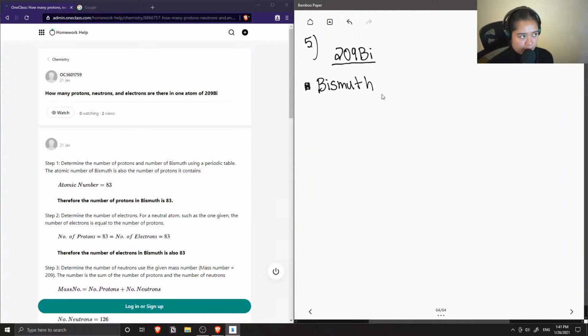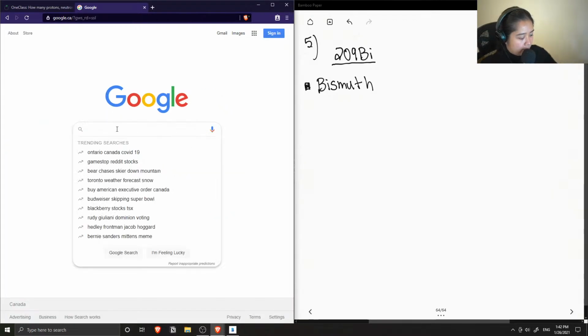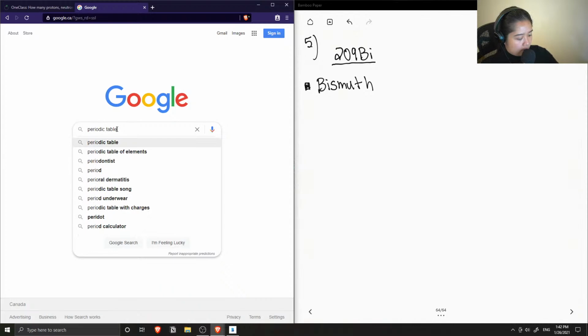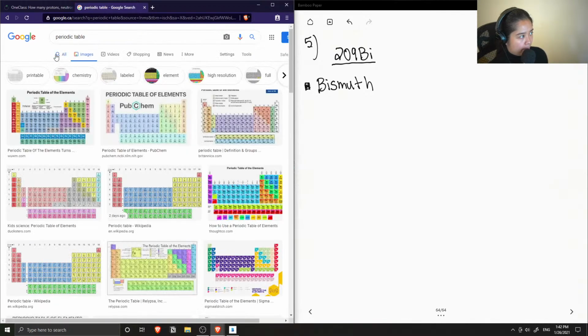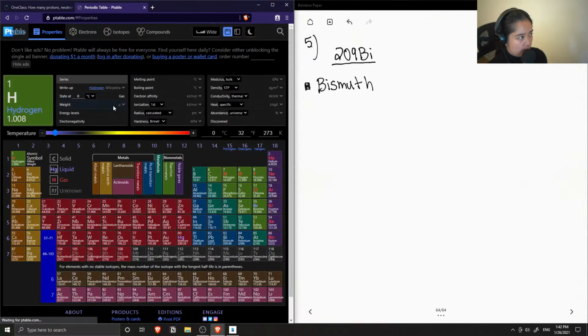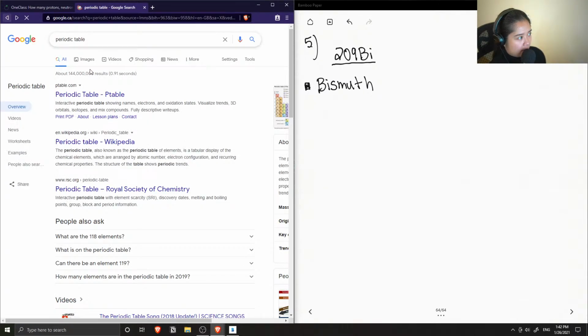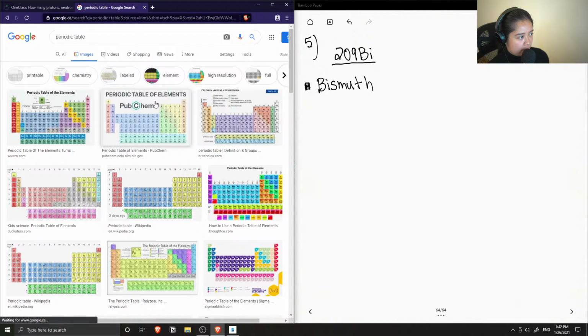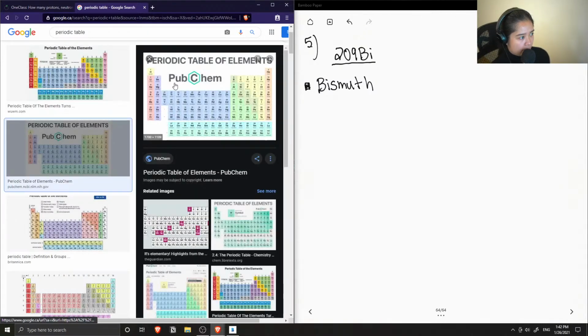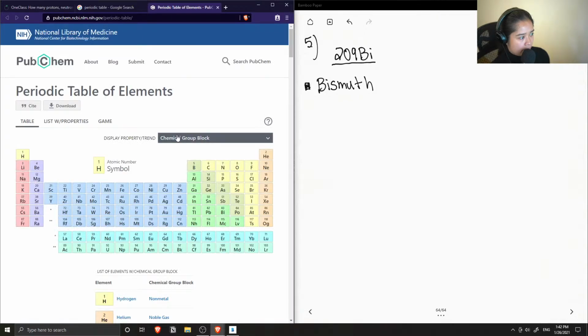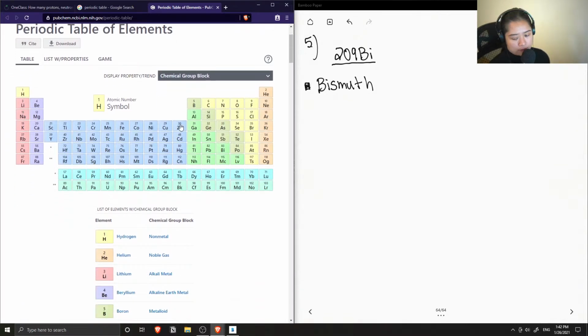So the first thing we want to do is locate bismuth on the periodic table. And we can find it right here.